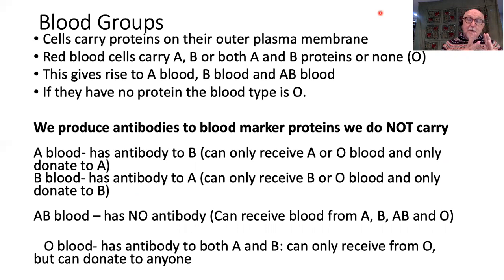It's also possible to not have any of these proteins on the blood corpuscle, and then the blood group is O. So A has A antigen, B has B antigen, AB has A and B, and O has none of them. Those are the four blood groups that are recognized: A, B, AB, and O.